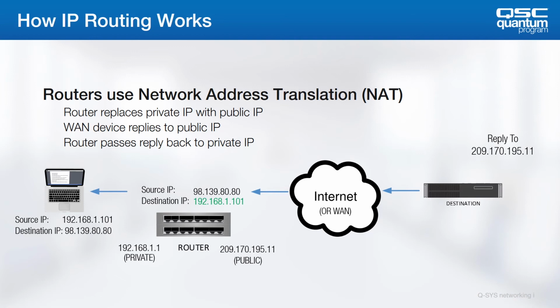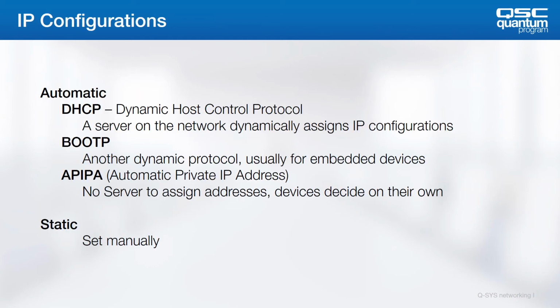Now, we've talked about the need for IP addresses on the network, but we haven't yet discussed how those are configured on the devices themselves. There are a few different possibilities here. In general, there are two models. Automatic IP addressing, which means the user doesn't need to do anything to assign one. The most common protocol for this is the Dynamic Host Control Protocol, or DHCP.